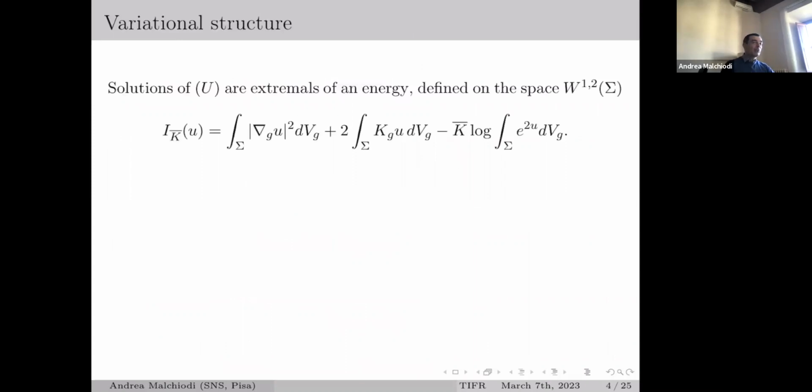Let me now present the variational structure of the equation. Solutions are extremals of an energy which is defined on the functional space W^{1,2} of sigma. W^{1,2} is the space of functions which are of class L2 and with also gradients in L2. And formally, solutions of the above equation are critical points of this functional.